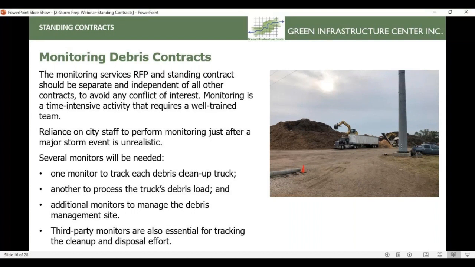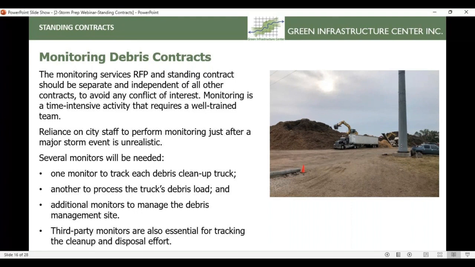Then you need a couple of people in a tower. And when you start grinding this debris, you've got to quantify how much you put in the end and how much comes out of the grinder. So that's 3 or 4 more people. And when you're picking up your debris, they want a GPS location of where the truck was parked when it picked up the debris.